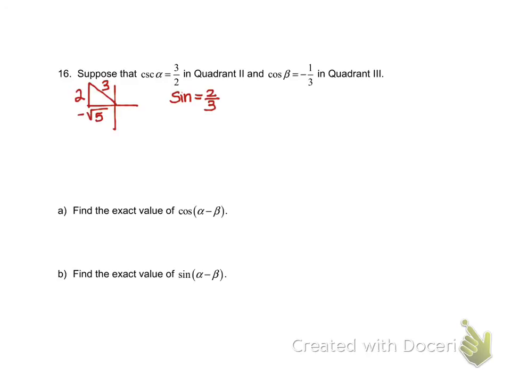And then it's going to be a negative value. So that means cosine equals negative root 5 over 3. And our tangent equals negative 2 over root 5, which we simplify into negative 2 root 5 over 5.